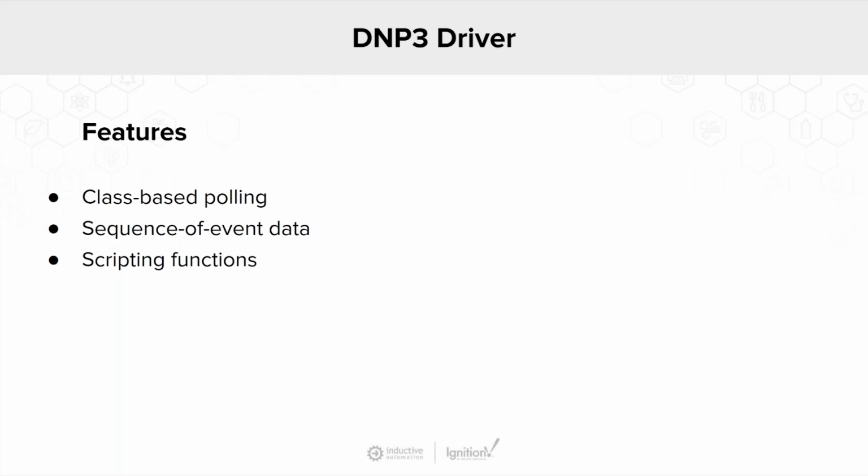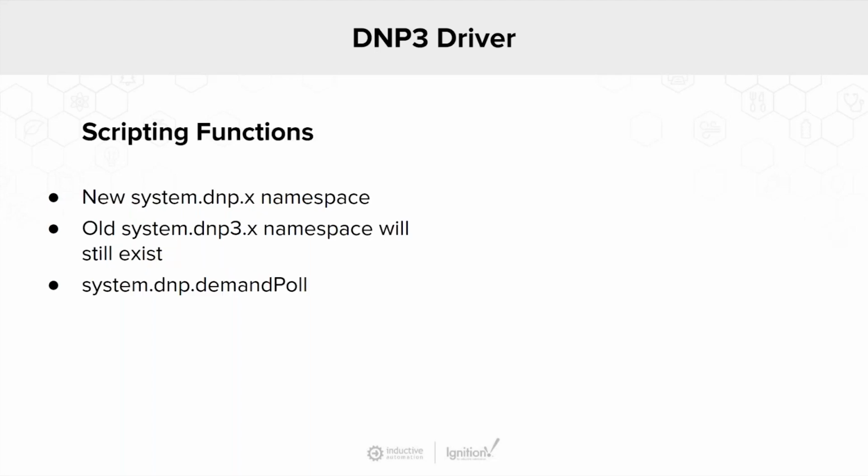And finally, the third bullet, functions. There are a host of new functions to support the new and existing capabilities of the driver. I'm going to flip to the next slide here and dive into this a little bit more. This new driver is also paired with a new namespace of system.dnp.x. And the X, of course, represents multiple different functions that are available.